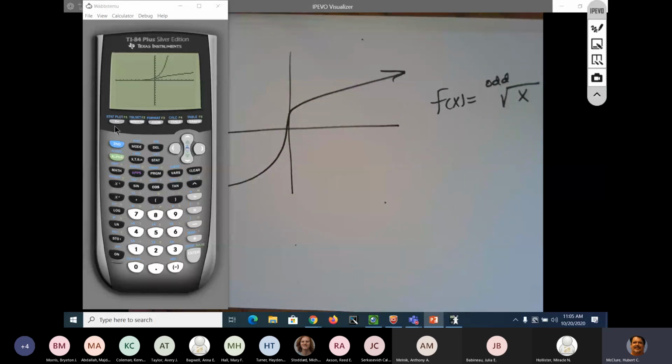So if you were to graph that one, y is equal to, and I'll just do the third root of x. I'm going to do it the easy way. X to the parentheses 1 divided by 3, and graph. There it is. So it looks like this. Let me take out the other two so you can see it. Clear and clear.